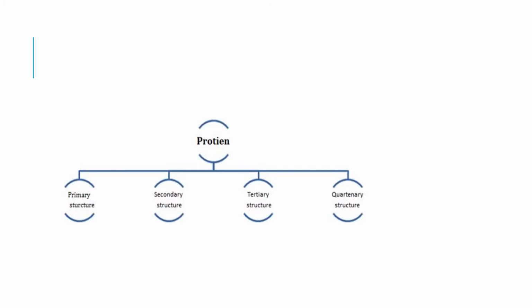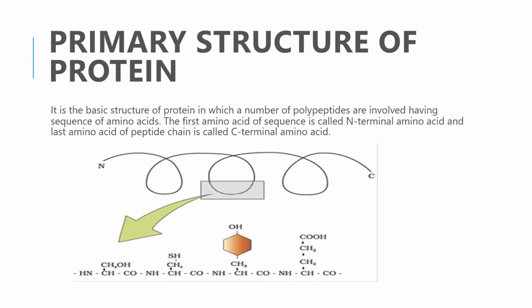So we have four types of protein structure on the basis of their structure: primary structure, secondary structure, tertiary structure and quaternary structure. The primary structure is the basic structure of protein in which a number of polypeptides are involved, having a sequence of amino acids.